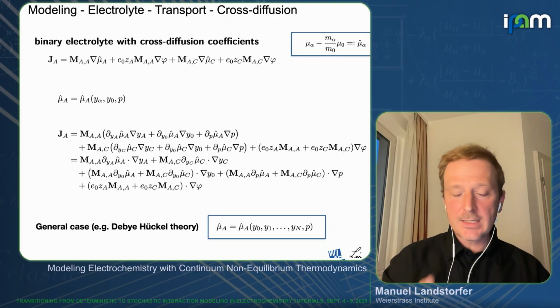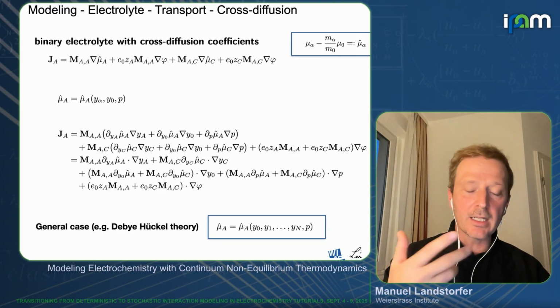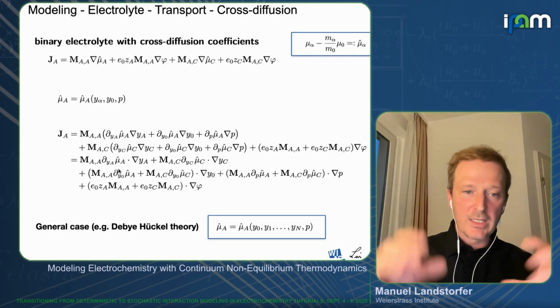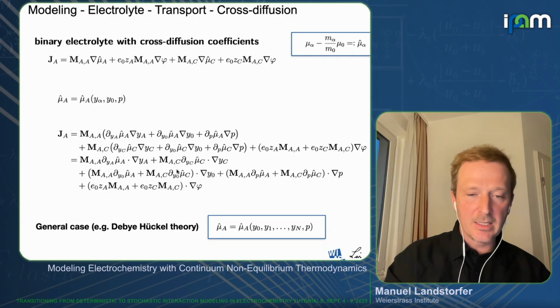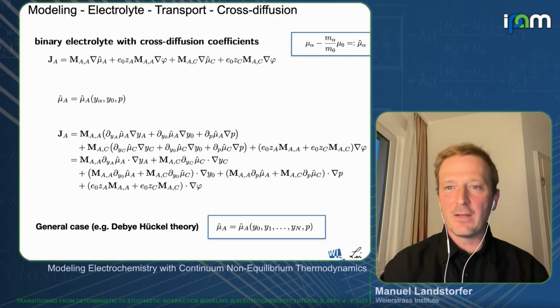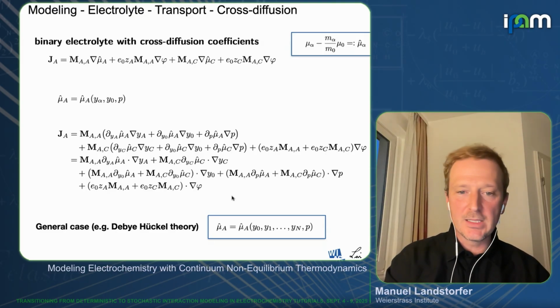And a lot of ambiguity in experimental data comes from the fact that people try to condense all of this into a simple linear diffusion equation, which is just not there. Whenever you have electrolytes, you have all of these effects.